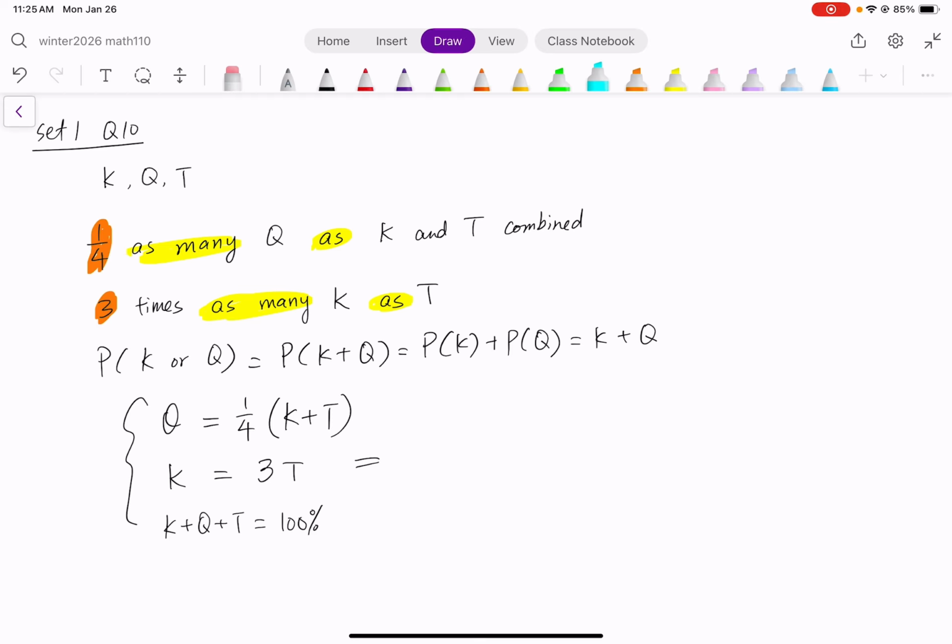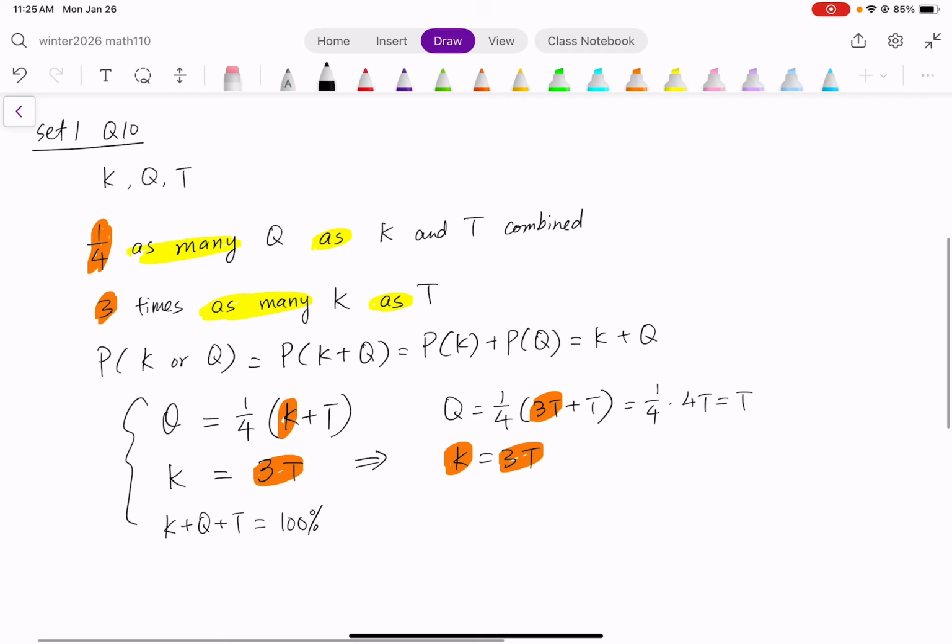Because k equals 3t, queen equals 1/4 of 3t plus t, which is 1/4 of 4t, which is just 1t, because I'm just replacing k with 3t. They're all the same thing. And then I will have t by itself.